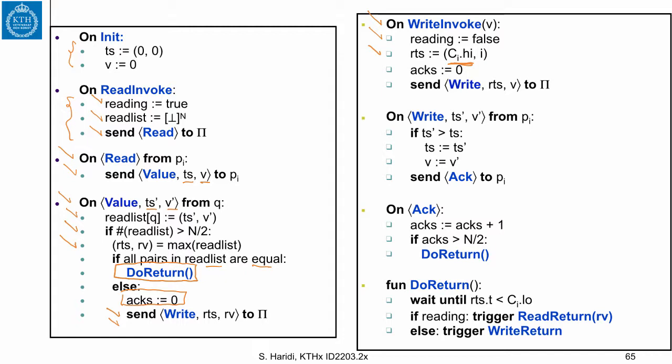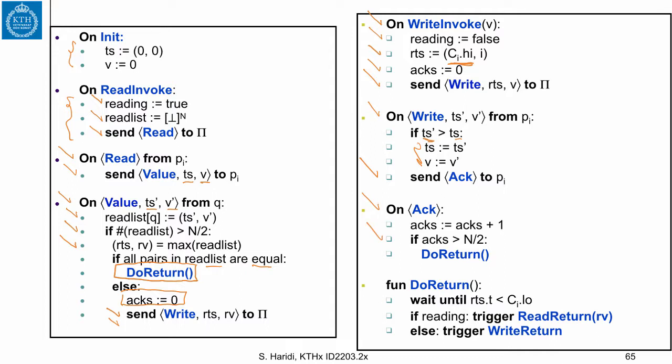You have no acknowledgements at this point, and you send the write request to all processes. Whenever a process gets the write request, it checks if the timestamp is higher than what it has, then it updates the value. And in both cases, it sends an acknowledgement. When you get an acknowledgement, you increment the acknowledgement count, and if you have a majority of acknowledgements, you do the do return.